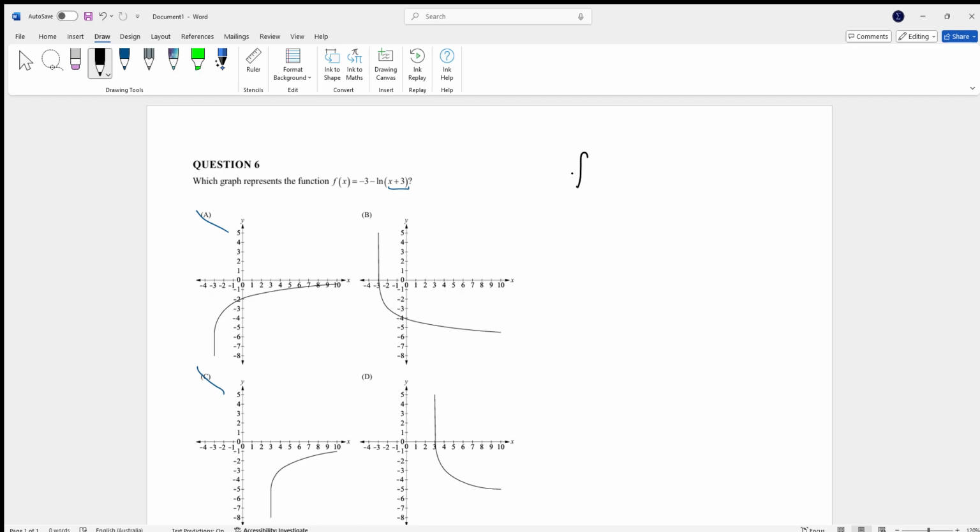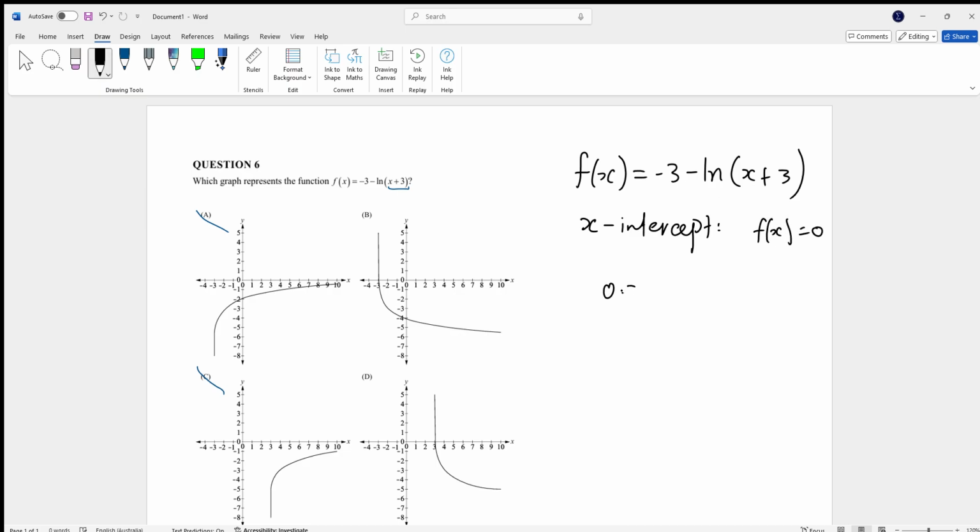So here what they have is f of x equals -3 minus log of x plus 3. Alright, so when we're rearranging this to find an x-intercept, the y value is equal to 0. In this case your f of x is equal to 0.